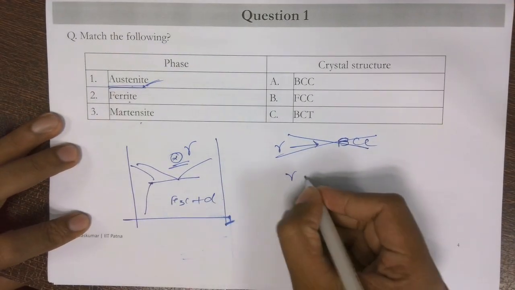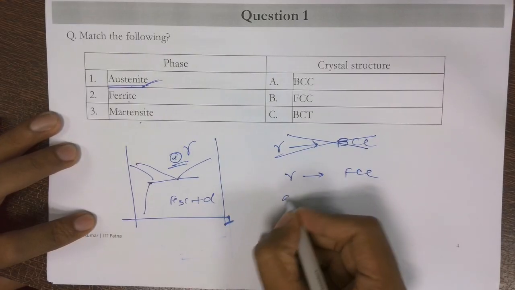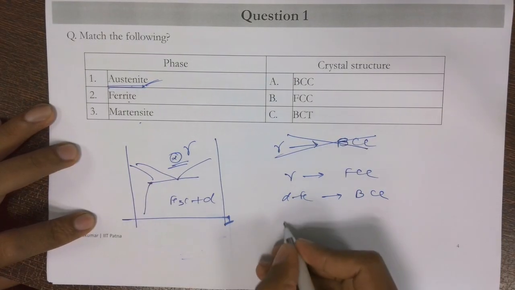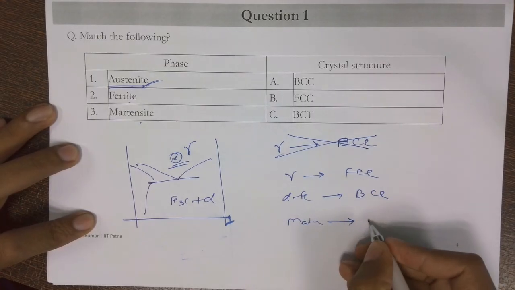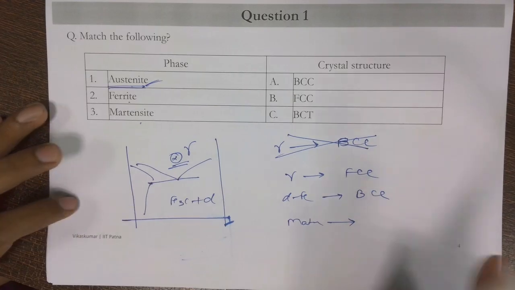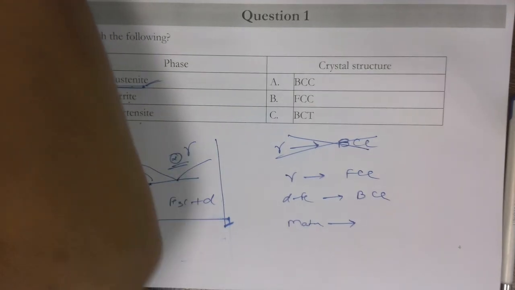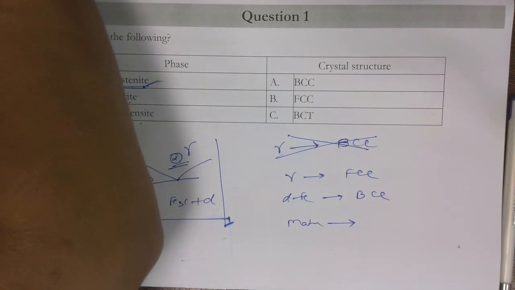Alpha ferrite is BCC, and martensite, how can I forget this thing? Just a minute, guys. Yeah, right.